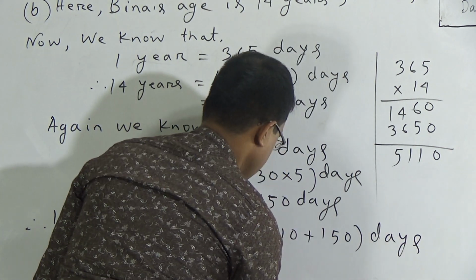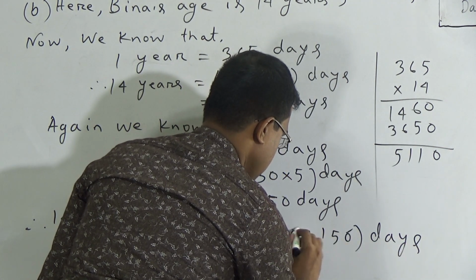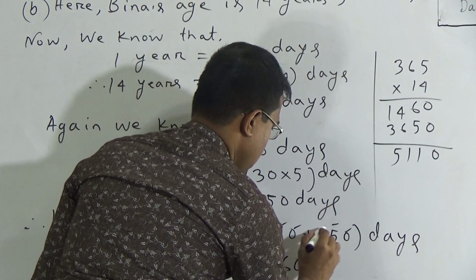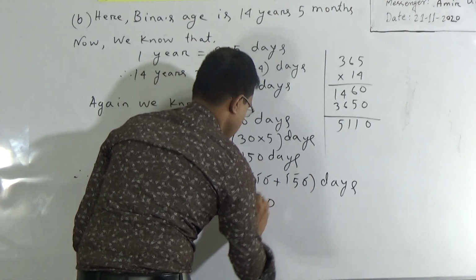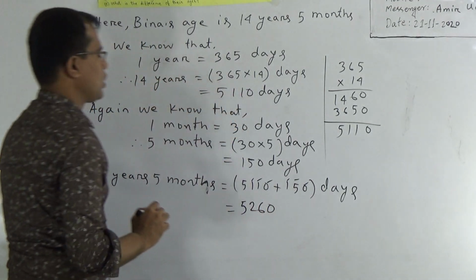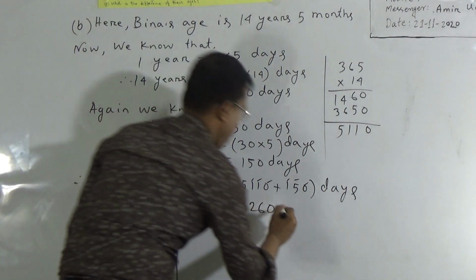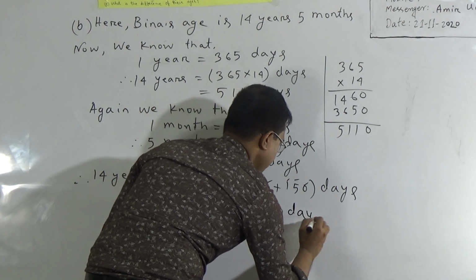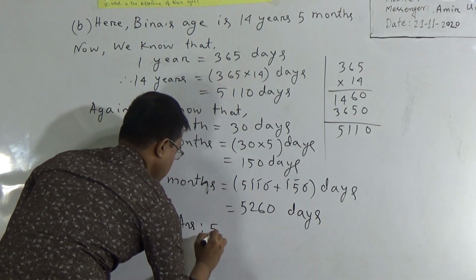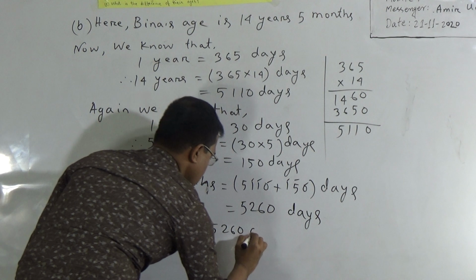Now if we add 0 plus 0, 0 plus 0 is equal to 0 and 1 plus 5 is equal to 6, again 1 plus 1 is equal to 2 and another 5 exists, so it will be 5260. Answer will be 5260 days.